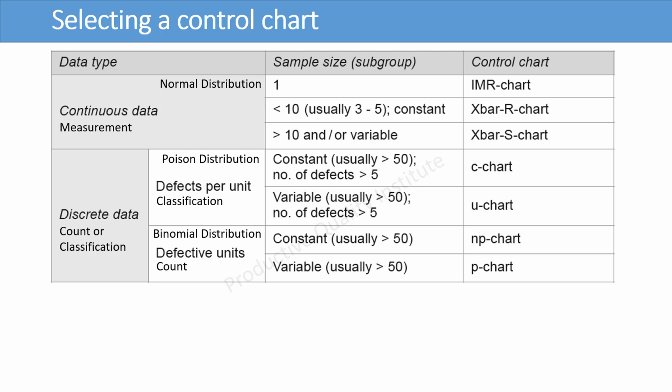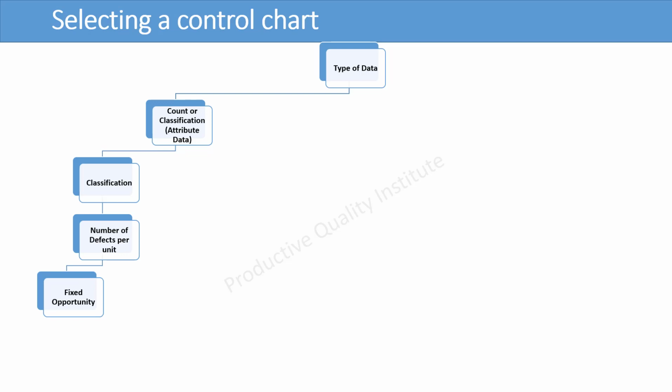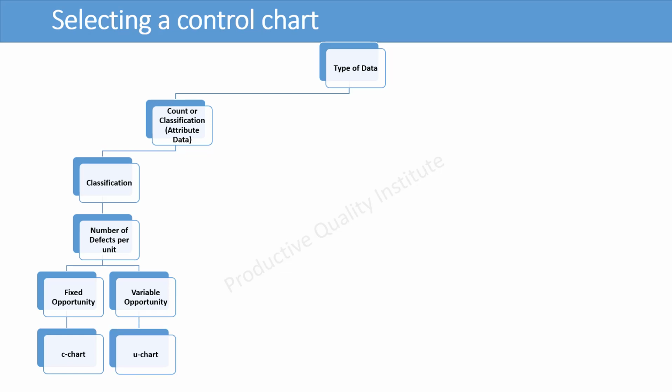The table shows the different types of control charts and how to select the suitable control chart depending on the data type and sample size. For the first type of the attribute data classification, which is number of defects per unit, we either use for the fixed opportunity, the C chart, or we use for the variable opportunity, the U chart, both based on binomial distribution.